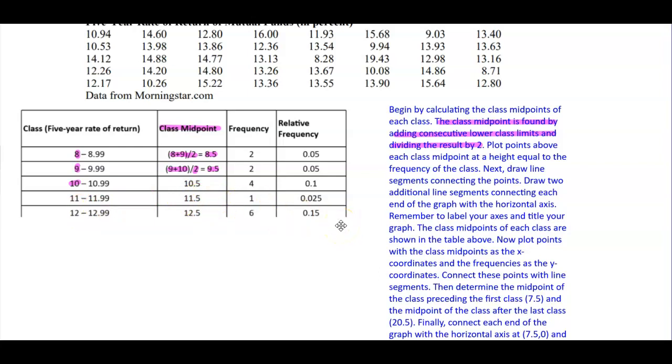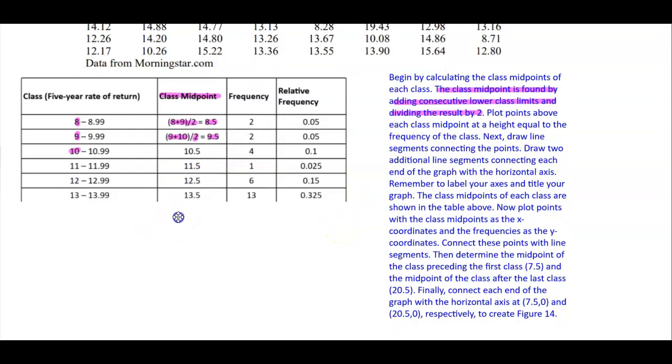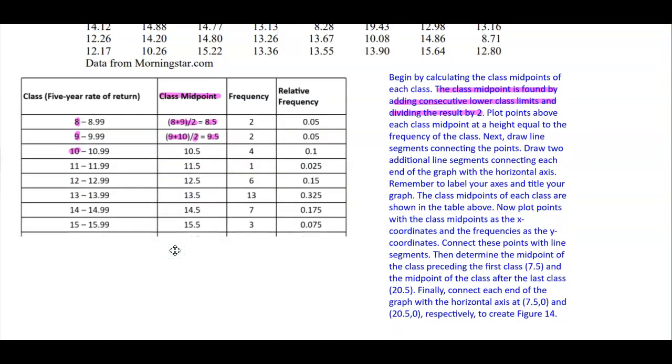If we continue that all the way along, we add 10 and 11 and divide by 2 to give us 10.5. Then 11 plus 12, divided by 2, gives us 11.5. Then 12 plus 13 divided by 2 gives us 12.5. 13 plus 14 divided by 2 gives us 13.5.